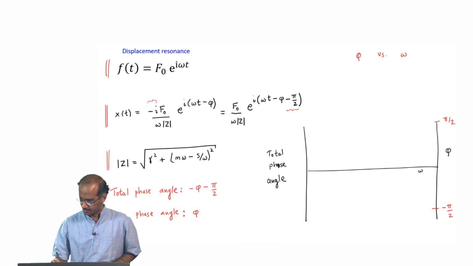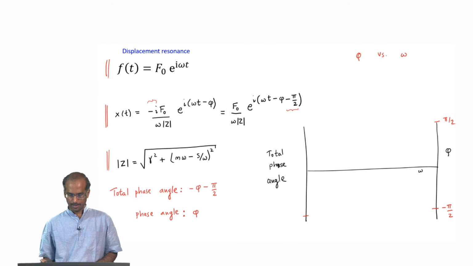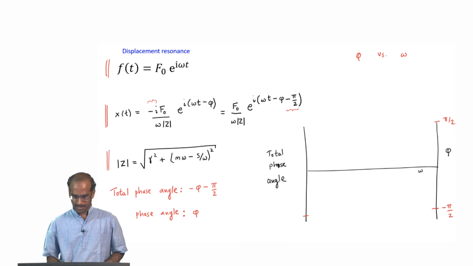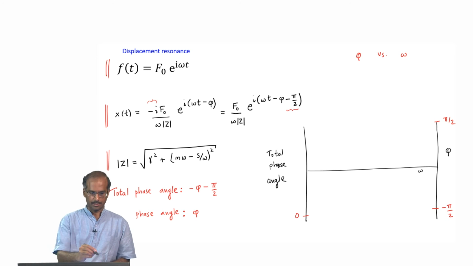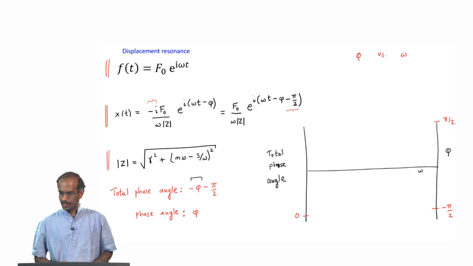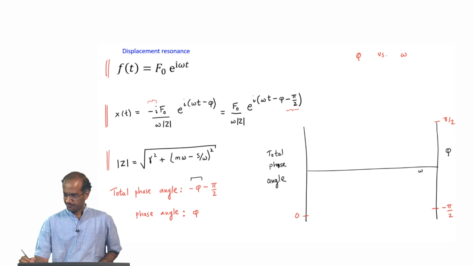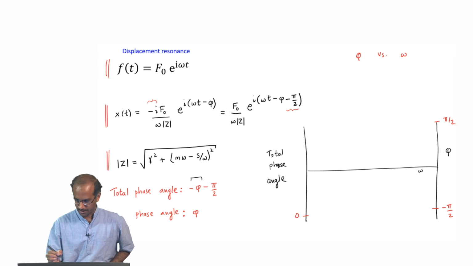On the other hand, when phi is equal to minus pi by 2, the total phase angle would be simply equal to 0. That is because you simply substitute minus pi by 2 in the value of phi, and that will just give you 0, and when phi is equal to plus pi by 2, it will give you minus pi. So, the value here would be equal to minus pi.